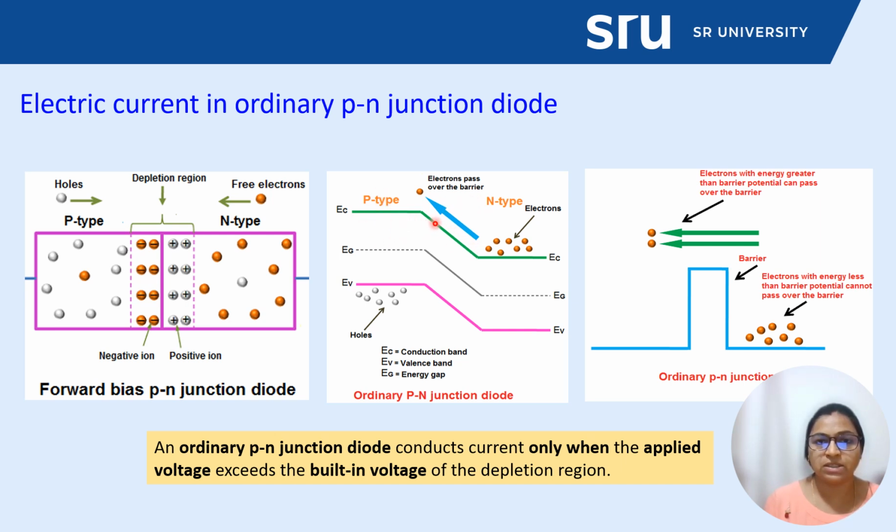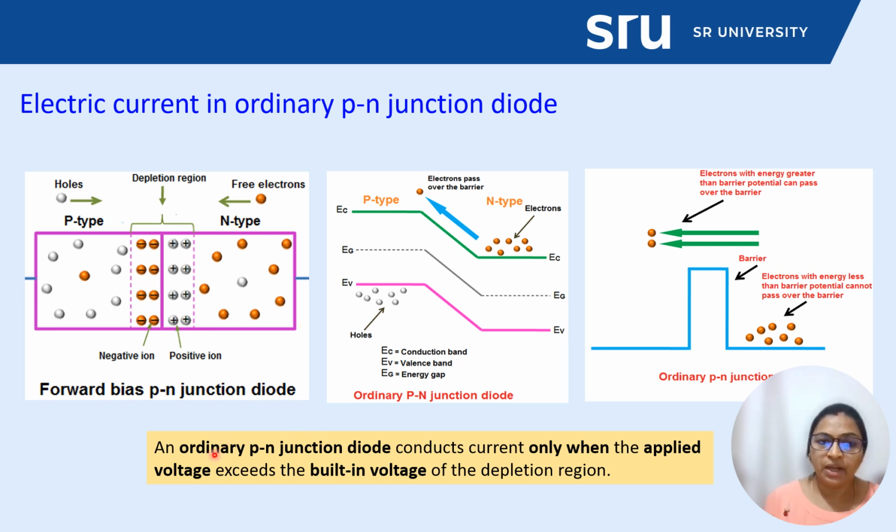If they want to come here, they have to jump this barrier. So electrons in the n-type semiconductor cannot penetrate through the depletion region because the built-in voltage of this layer opposes the flow of electrons.